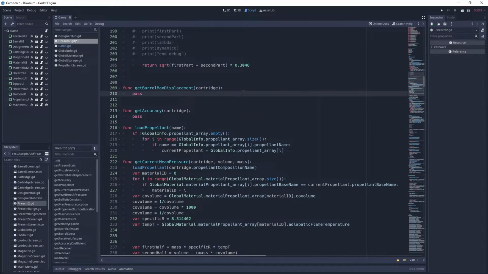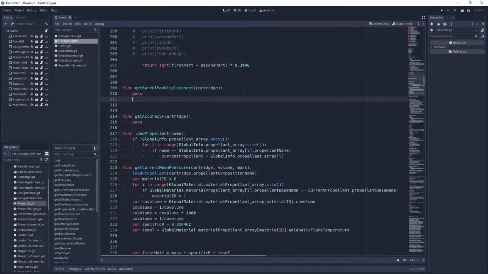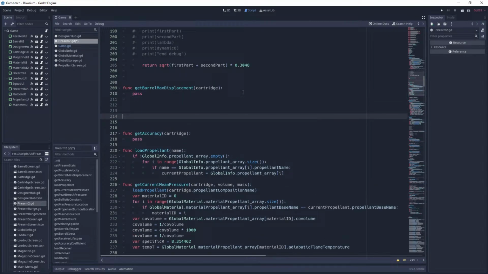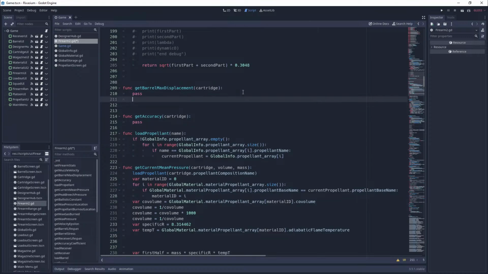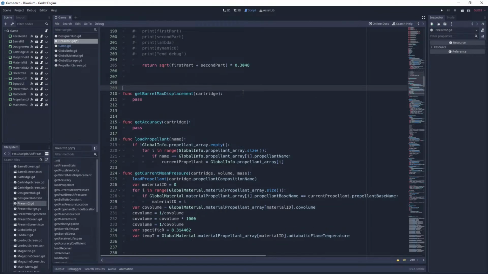So we're just going to get our maximum barrel displacement here. And then next, we're going to connect that to the accuracy function.